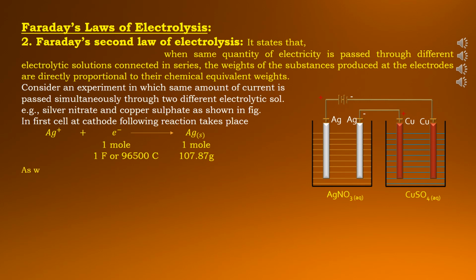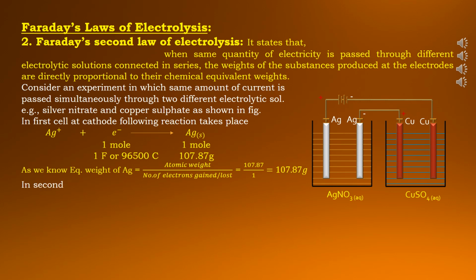As we know, the equivalent weight of silver is equal to atomic weight divided by the number of electrons gained or lost, which means in case of silver it is 107.87 divided by 1. That comes out to be the same 107.87 gram.